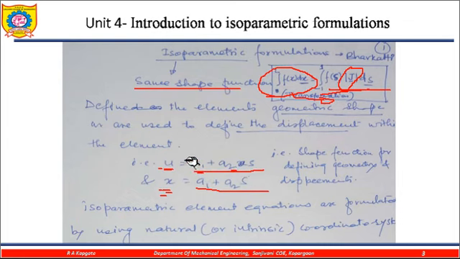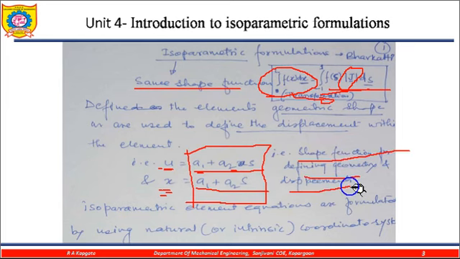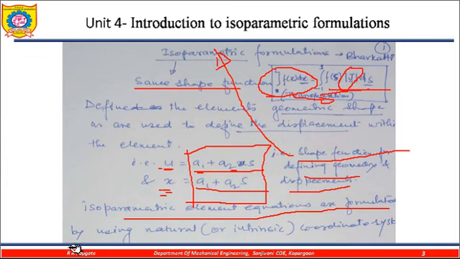Then both are the same shape function. If the same shape function defines the geometry and the displacement, then that is called the isoparametric formulation. So isoparametric element equations are formulated by using a natural or intrinsic coordinate system.